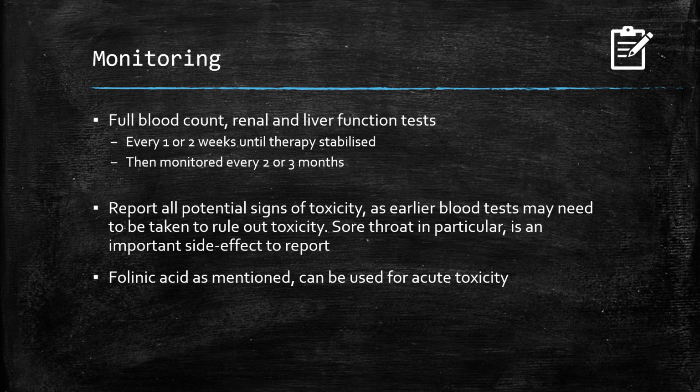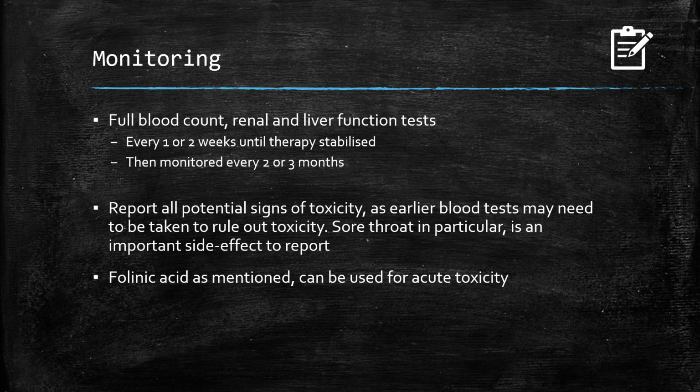Obviously, if you've just had your bloods done a week ago and you've been stable and your next blood tests are due in 3 months, and you get some of the side effects I mentioned earlier, you get a sore throat, you get mouth ulcers, you get a fever, you should report to a prescriber immediately, seek medical attention to get blood tests done, just in case you may have a sudden lowering of your immune system.